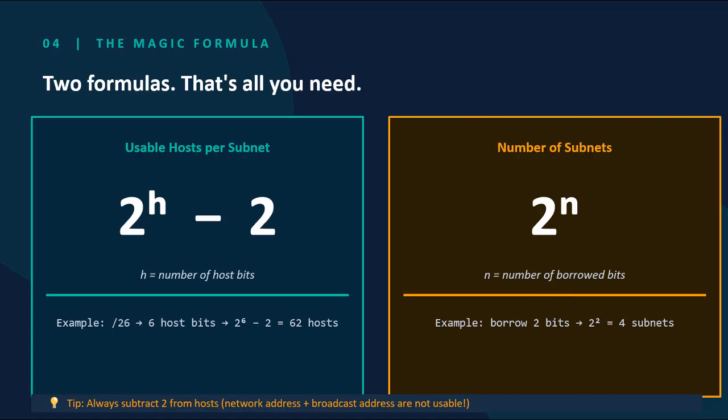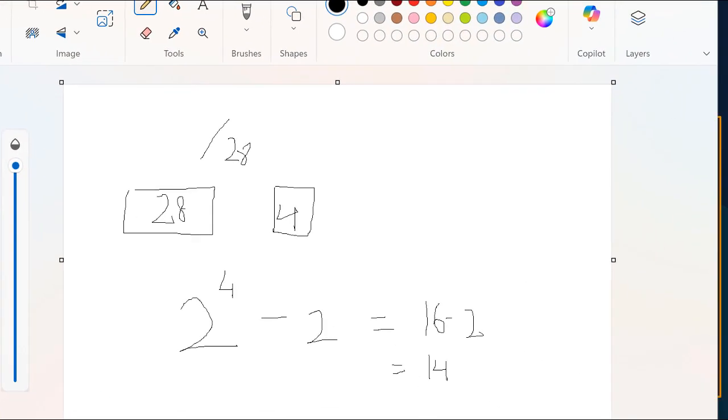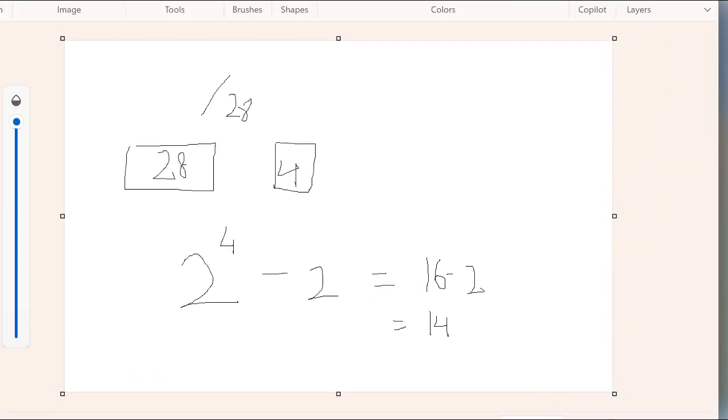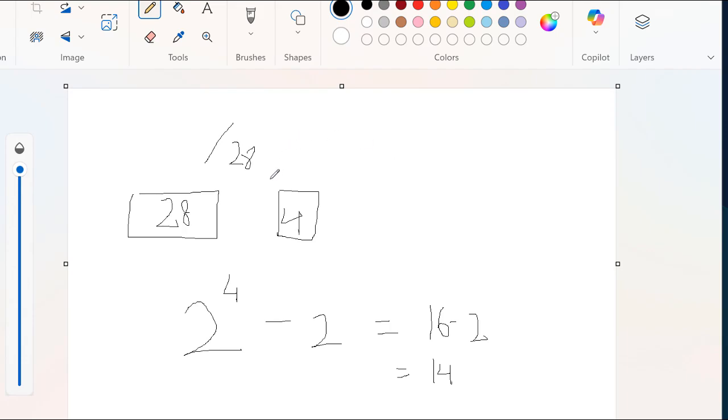So let's use our previous example to calculate the number of subnets here. In /28 we have 4 bits that we have borrowed from the hosts.